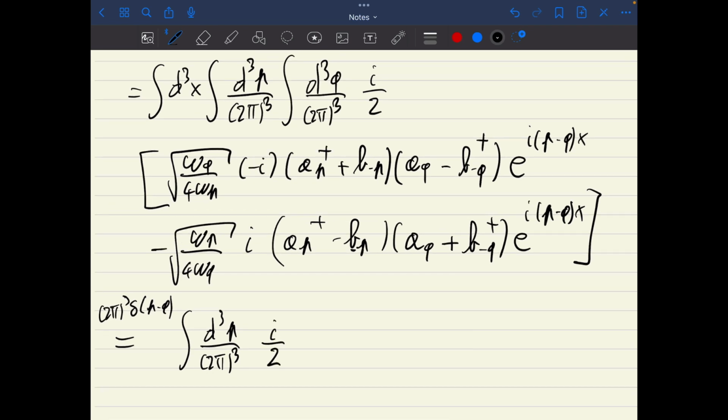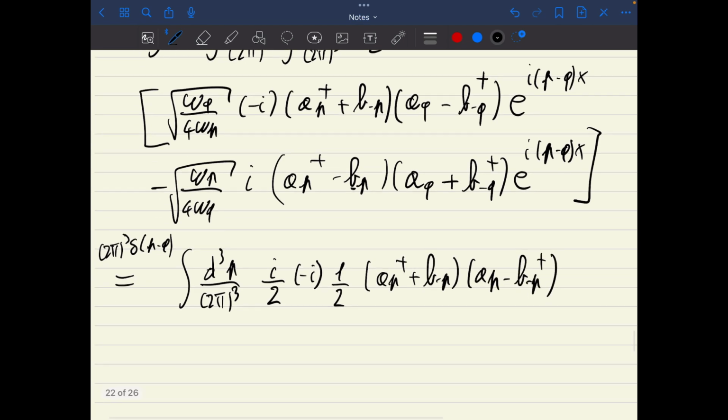I will extract minus i, there's a factor 1/2, and then we are left with these operators: B minus P, A P minus B minus P, minus, or plus rather, A P dagger minus B minus P, A P plus B minus P dagger.